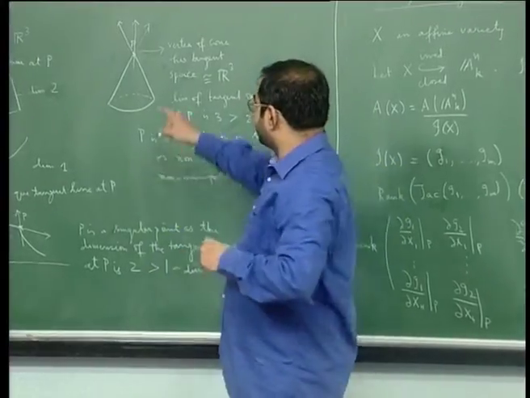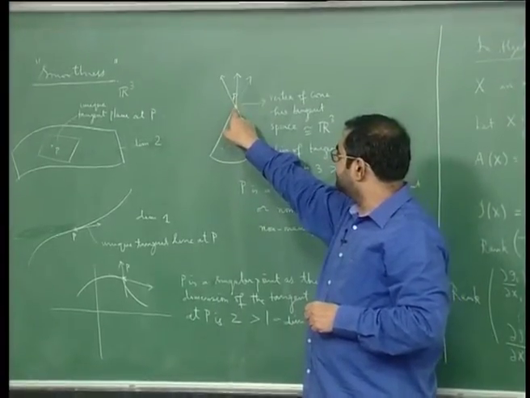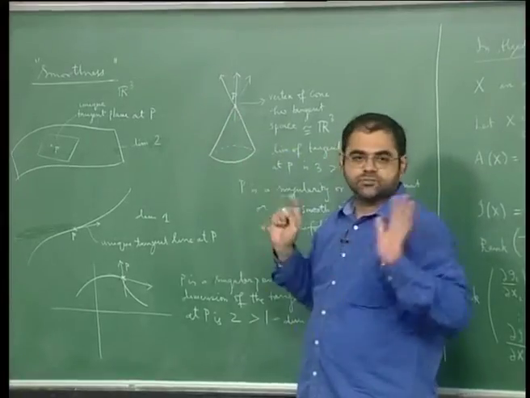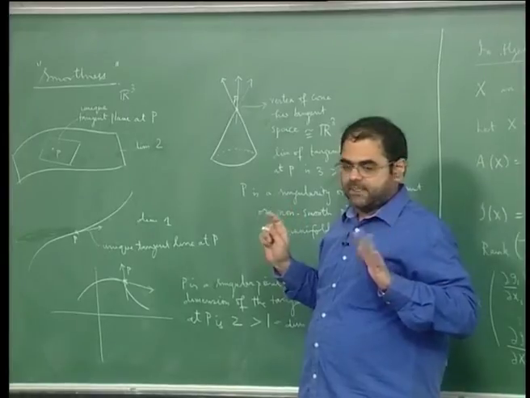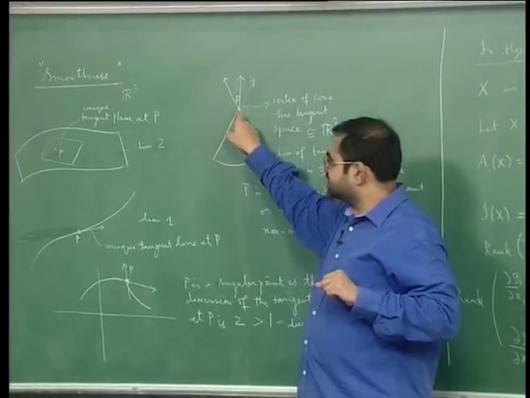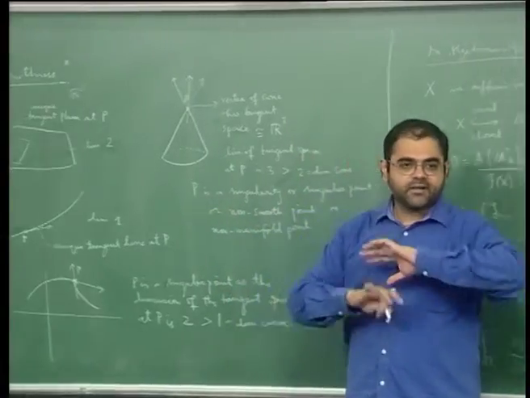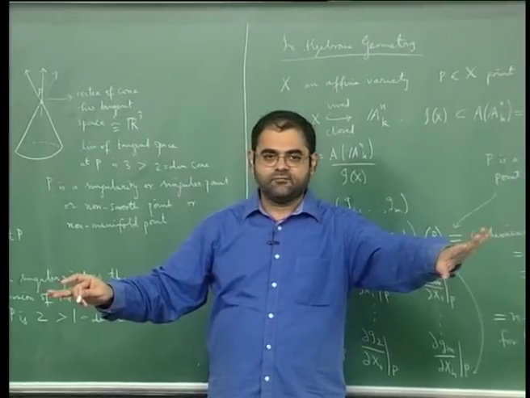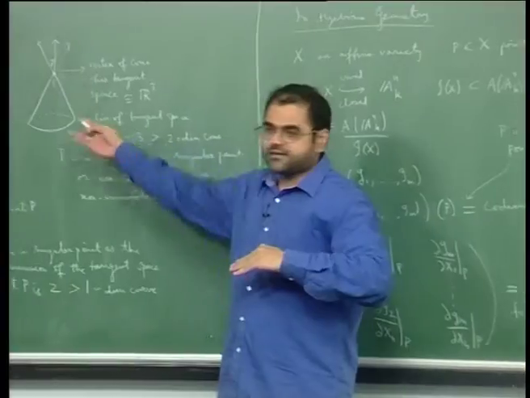Something like a cone: if you throw away the point which is the vertex of the cone, the rest of it is all smooth, and that is a dense open set, and the boundary is this point which is a singular point. So a variety also looks like that, there is a big open set which is full of smooth points, the analog of a smooth object in analysis.